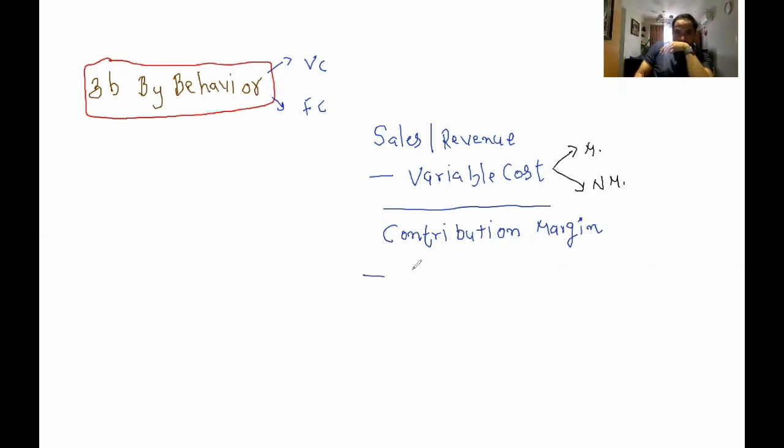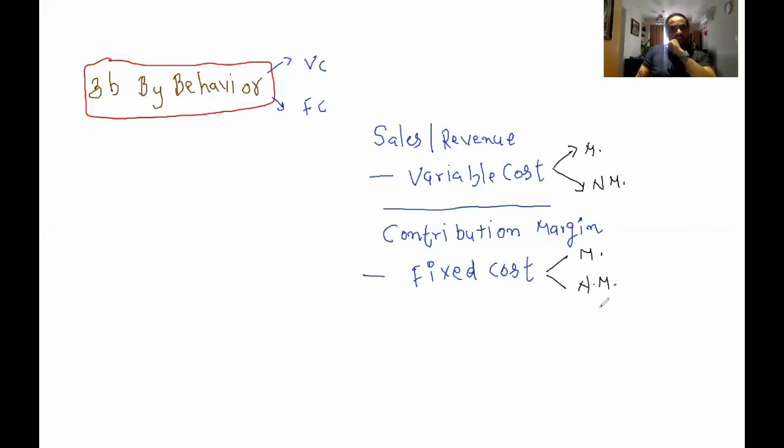Then minus fixed cost. And this fixed cost is divided into two parts. Manufacturing fixed cost: depreciation, rent, insurance, cost of supervision, and so on, right?